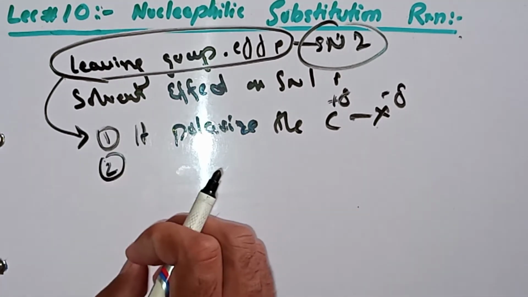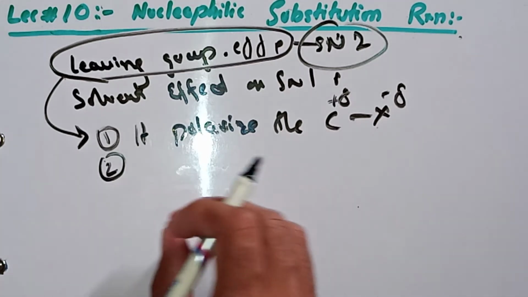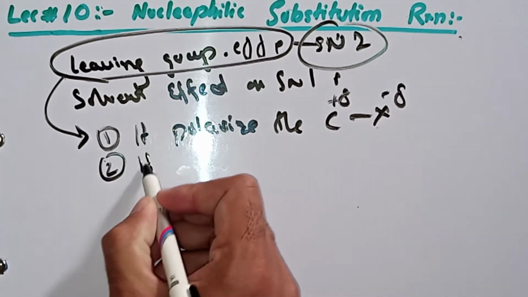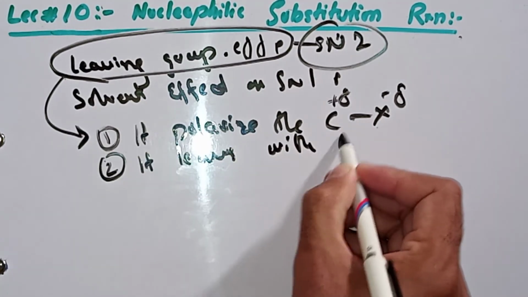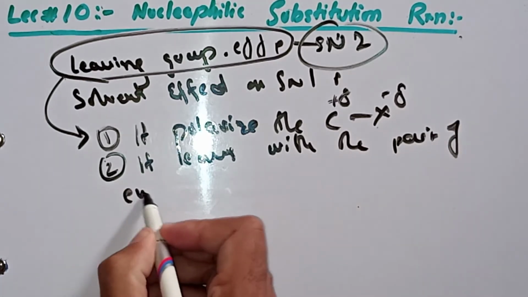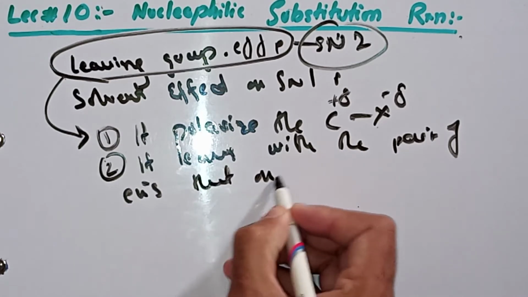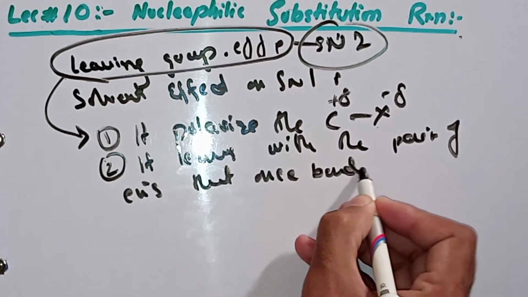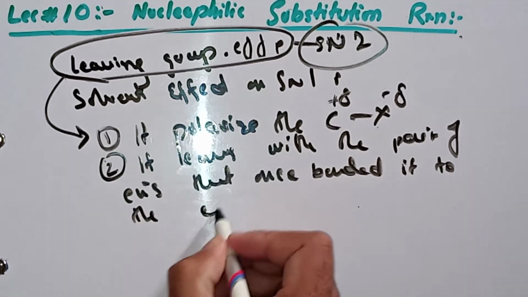The other factor is that it leaves with the pair of electrons that was once bonded to the electrophilic carbon. You can write: it leaves with the pair of electrons that once bonded it to the electrophilic carbon.